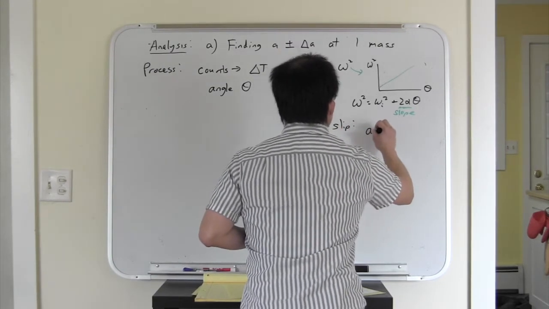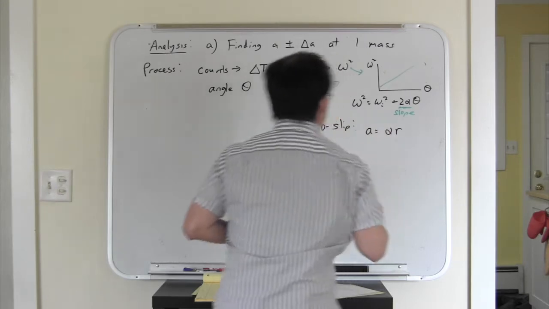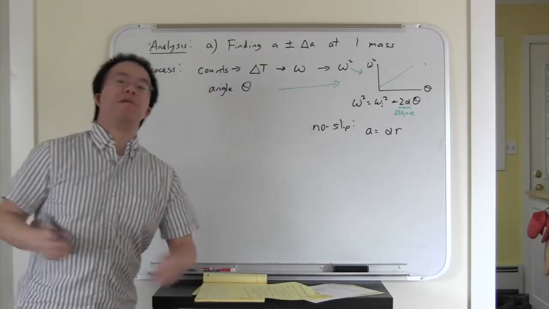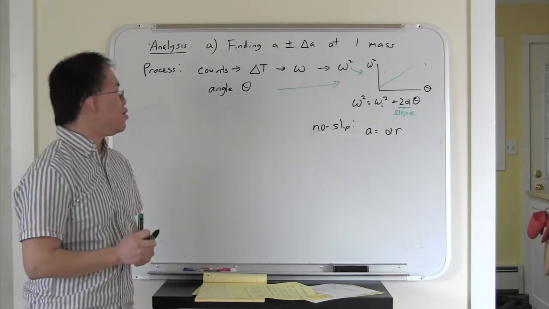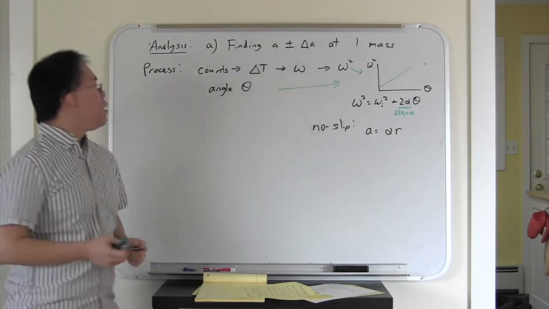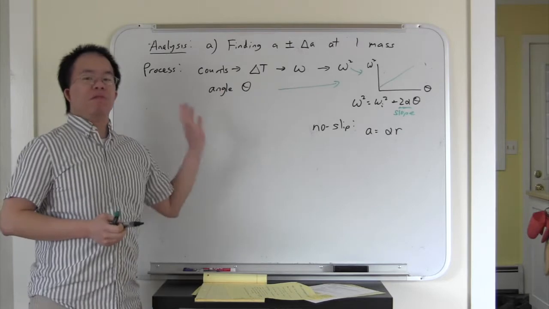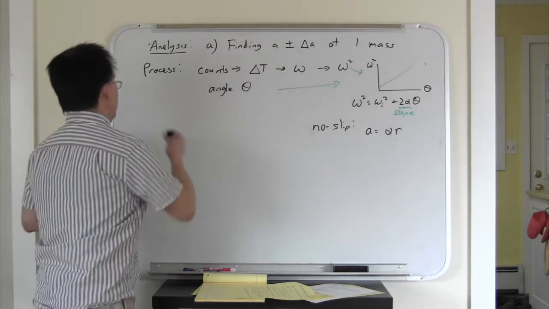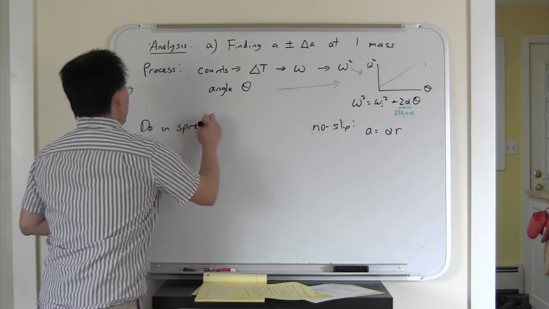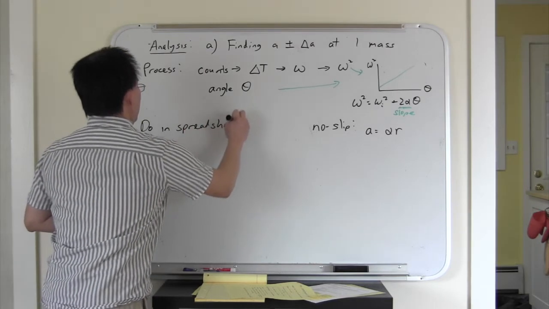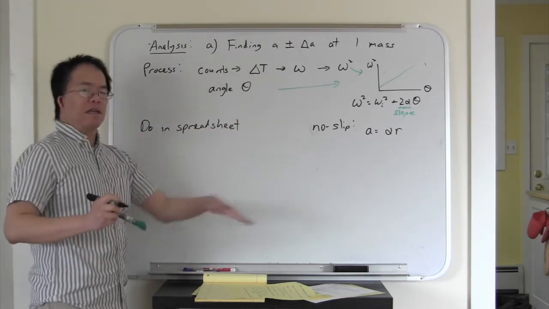A is alpha r, where r is the radius of our pulley, which, as I said, we'll measure tomorrow. So all of this you can do in a spreadsheet, and you can organize your data in columns.